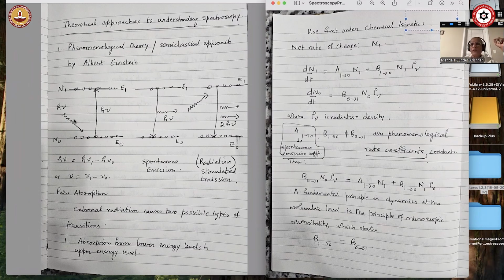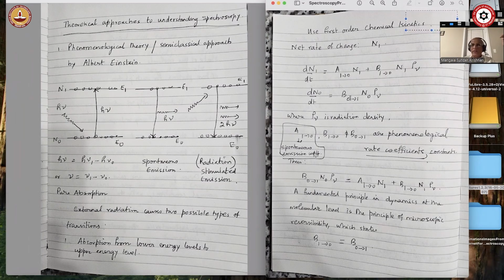Rate is proportional to the concentration. The concentration here is 2: one is the molecule, the second is the radiation. So radiation concentration we measure by radiation density, rho nu. And this B is like a rate coefficient. It's a phenomenological coefficient.